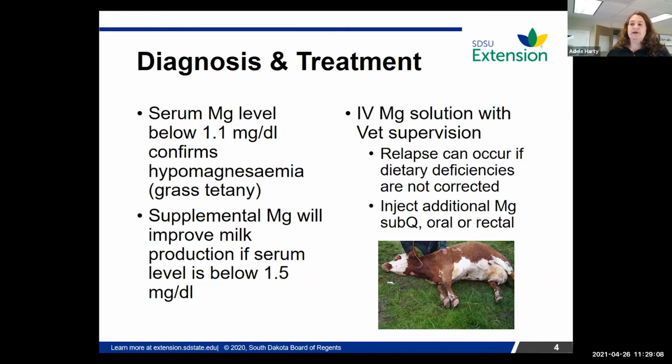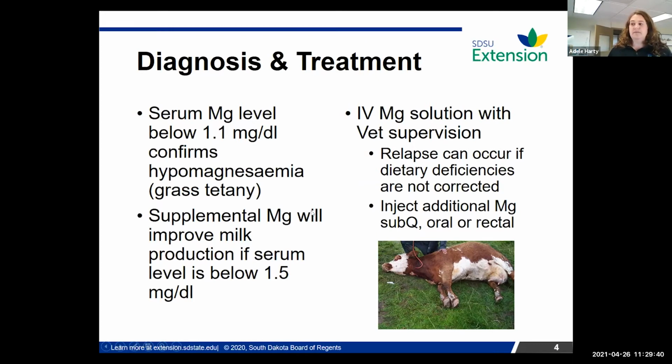But if your serum magnesium levels are below 1.1 milligrams per deciliter, that confirms that you have a grass tetany issue. If your levels are at 1.5 or below, supplemental magnesium is actually going to be beneficial for milk production. So you may not be at a true deficiency level that would cause grass tetany, but you're still at a deficiency level that you're going to get a boost in milk production if you do provide supplemental magnesium.